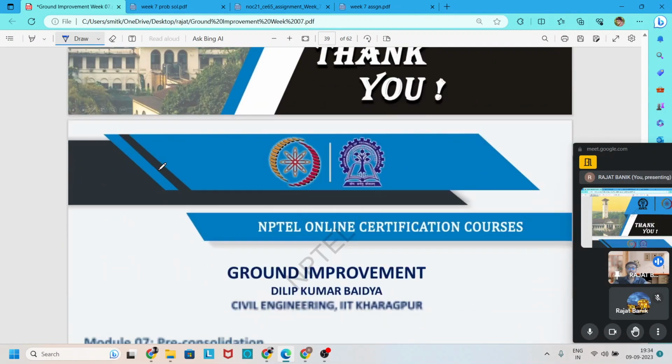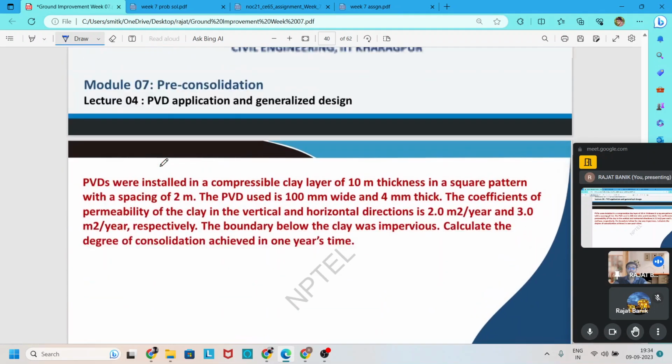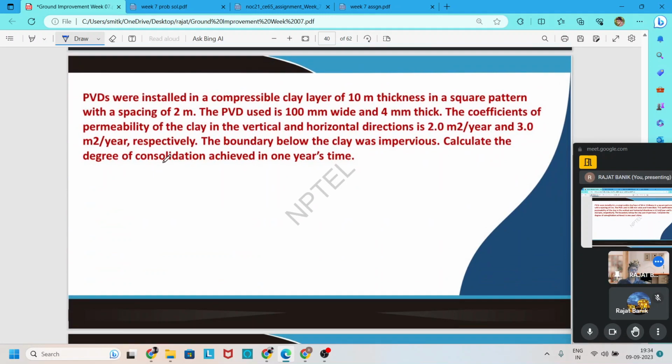Now we try to solve a few problems regarding this consolidation formula. The first case regarding PVDs is without the smearing effect. Here the thickness of the layer is given as 10 meter, laid on an impervious layer, and the spacing is given as 2 meter.